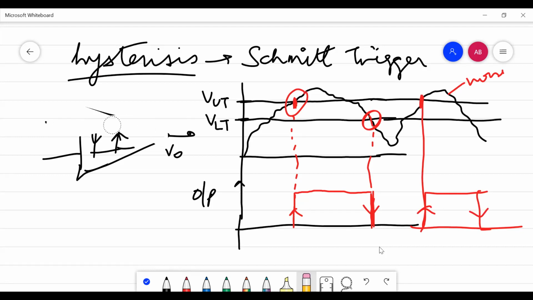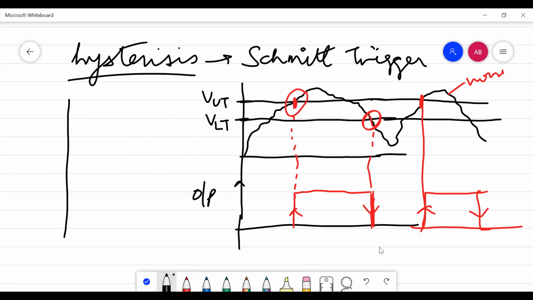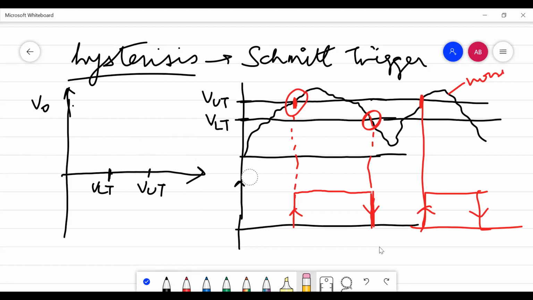Now, if we go for the transfer characteristics or the hysteresis loop, just see what happens here. This is your VLT and this is your upper threshold voltage VUT. This is the input voltage and this is the output, so here it is the characteristics between input voltage and output voltage.